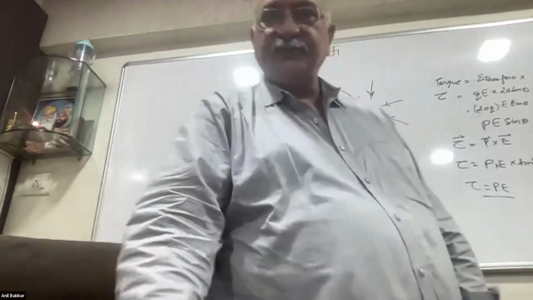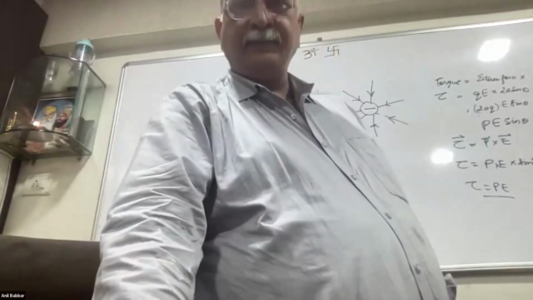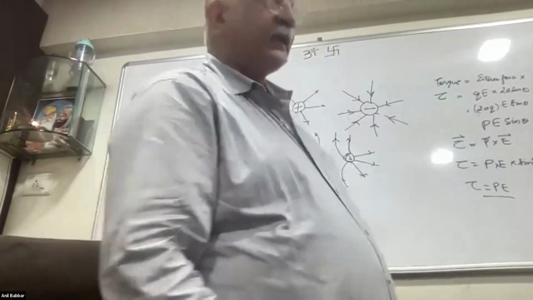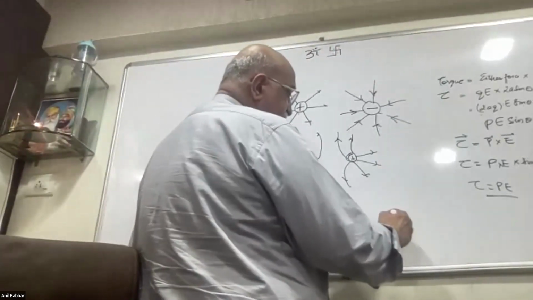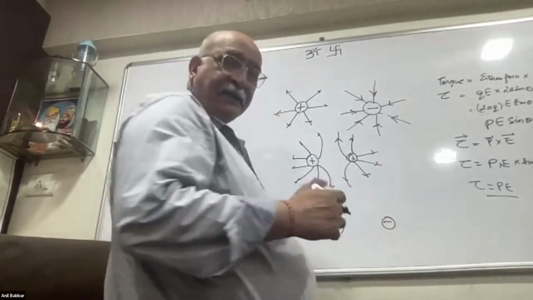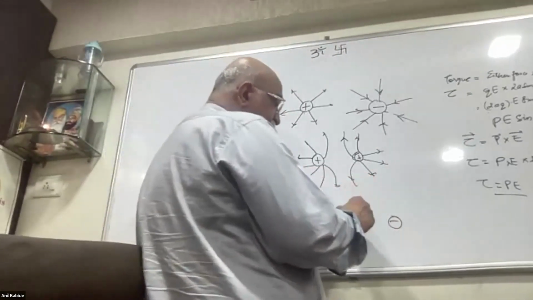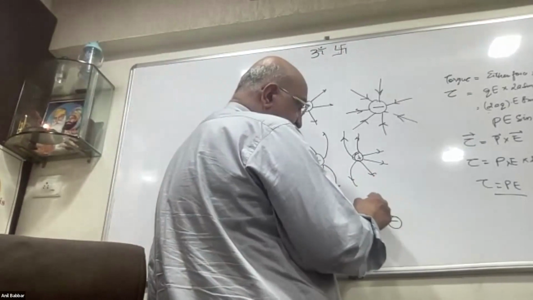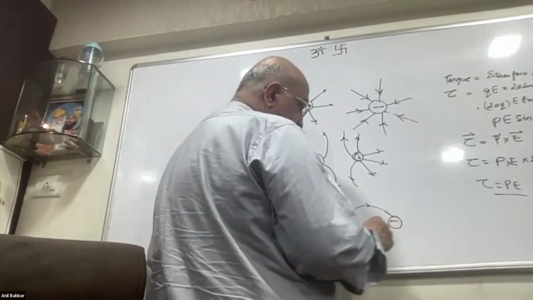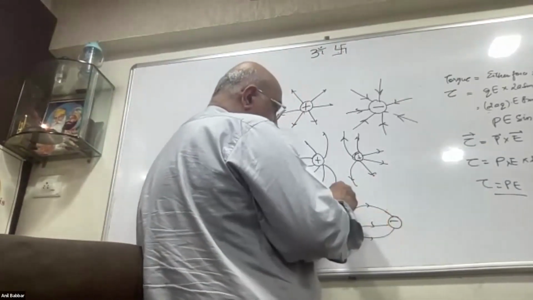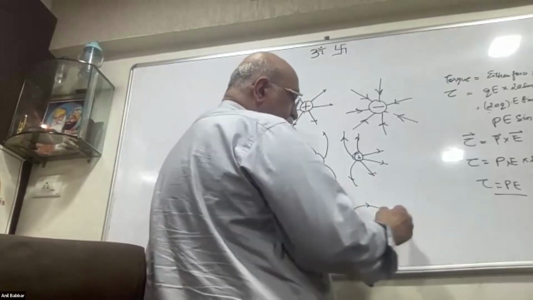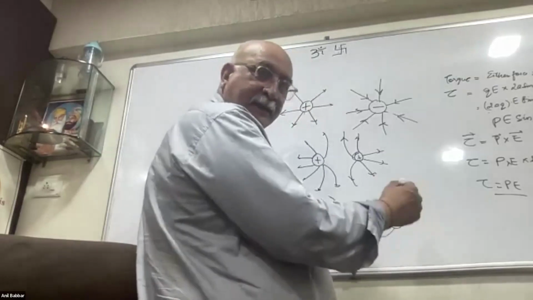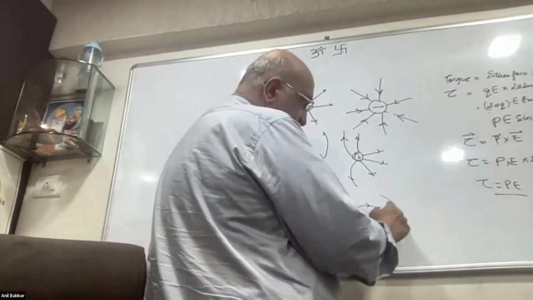Questions may be asked based on these: what happens if there is a positive charge and a negative charge? This is positive, this is negative, right? Electric fields, we know, move from positive to negative. It will go like this. Okay?